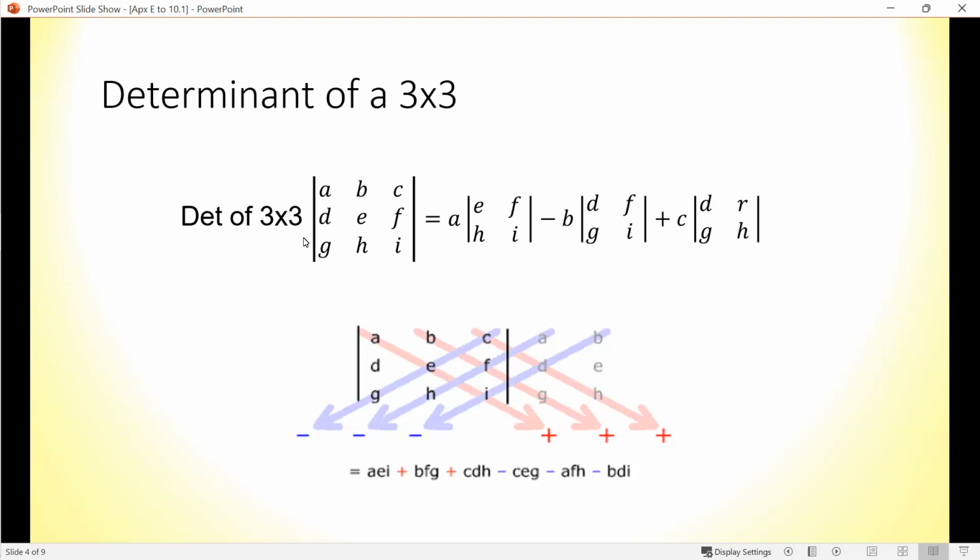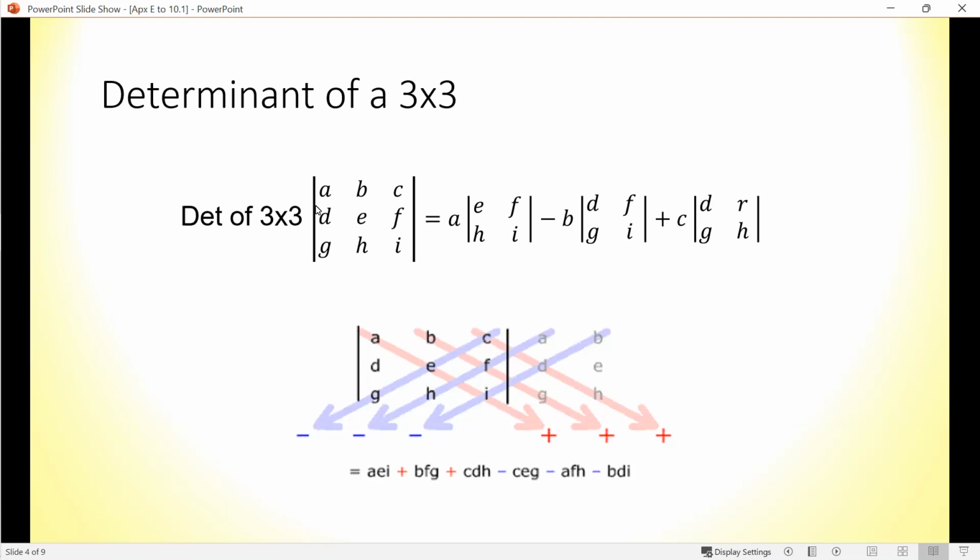So when we have a 3x3, we can go along the top row. You're actually allowed to use any row or column to do this, but in our example, we're just going to go along the top row. So we'll take one element from the top row, the first element, A, and if you eliminate that row and that column, then you're left with a 2x2 square matrix.